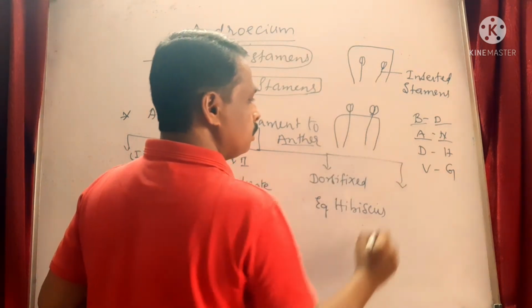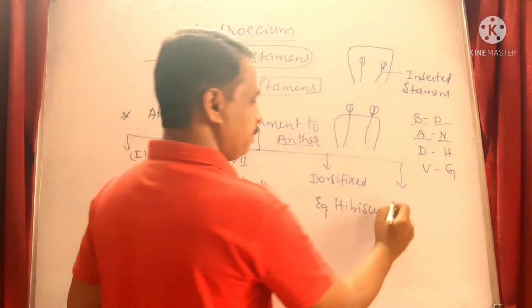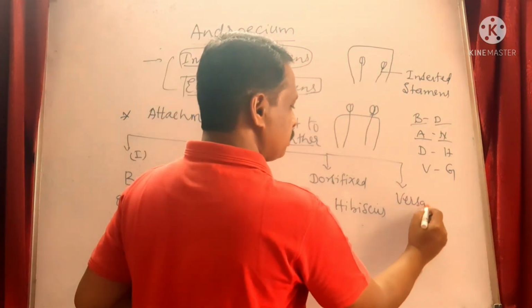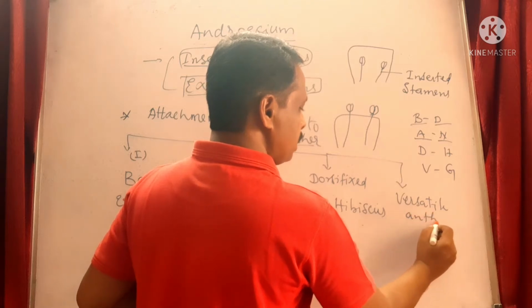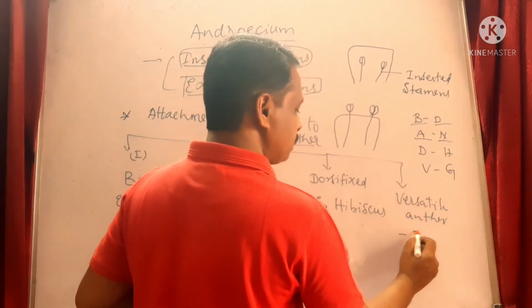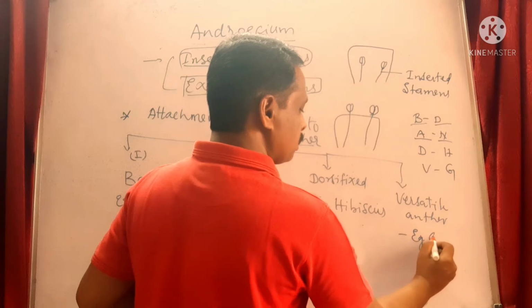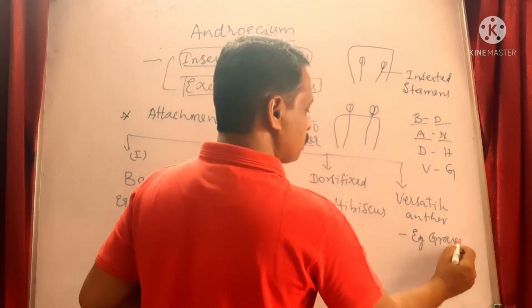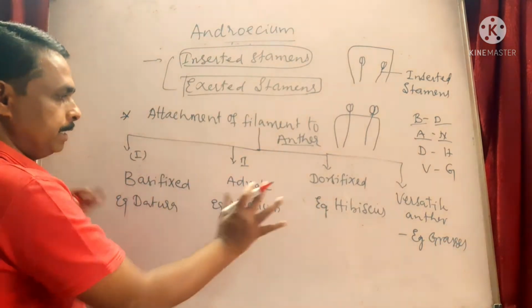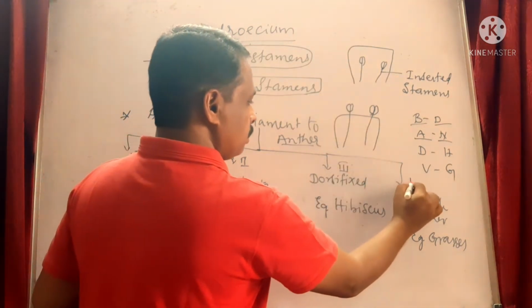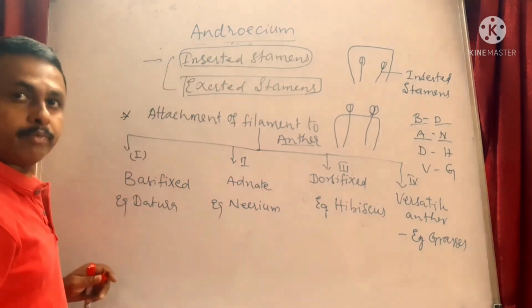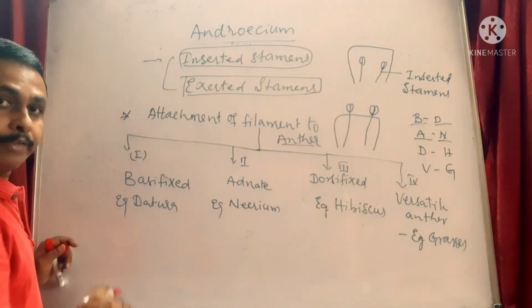The next one is versatile anther, seen in grasses. So these are the different kinds with their examples.